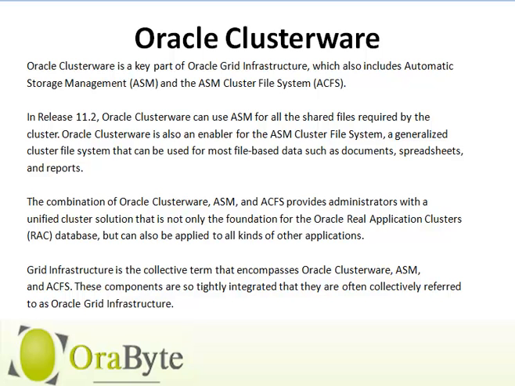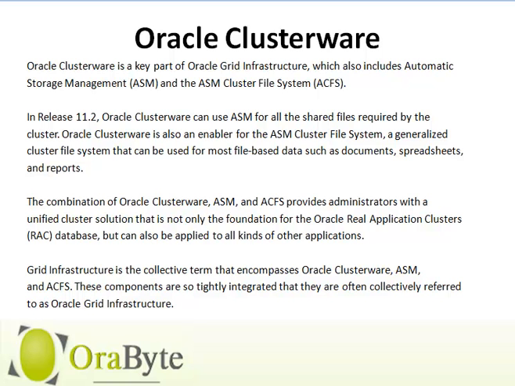So, Oracle Clusterware is a key part of Oracle Grid Infrastructure, which also includes Automatic Storage Management (ASM) and ASM Cluster File System. In release 11.2, Oracle Clusterware can use ASM for all the shared files required by the cluster.